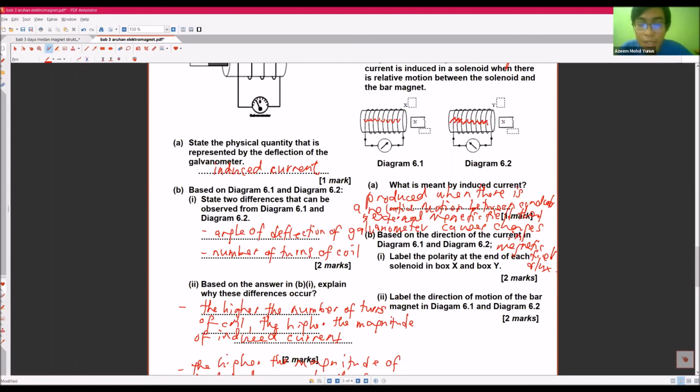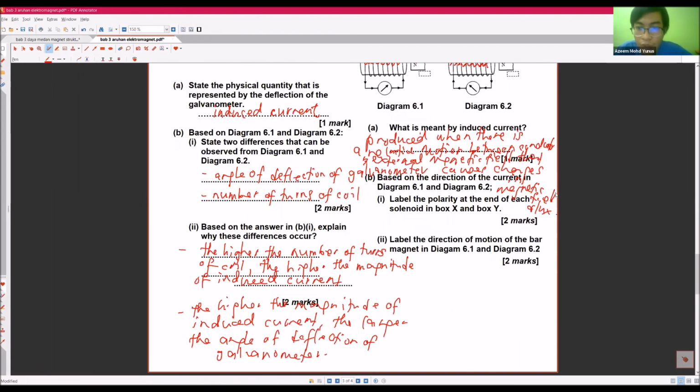So whenever you see a solenoid, make sure that you use the right hand grip rule. Align your fingers downwards, so your thumb points towards the right. That means that is the north pole. Okay.